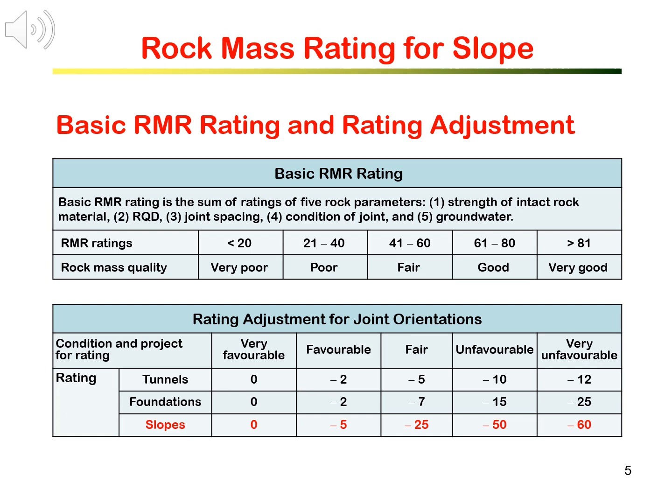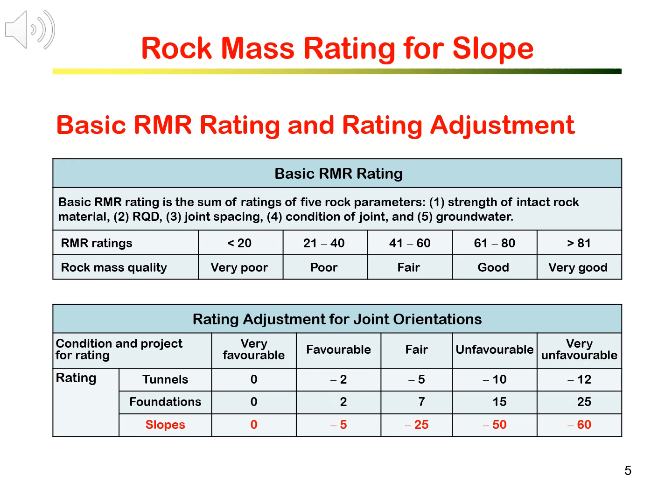For favorable condition, adjustment is -5. For fair, -25. For unfavorable, -50. And for very unfavorable joint orientations, the adjustment is as high as -60.